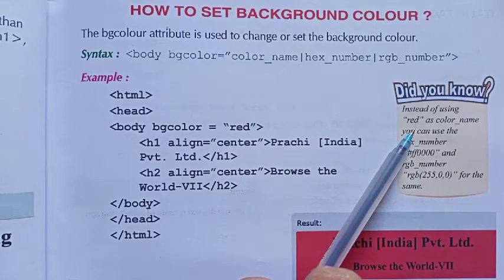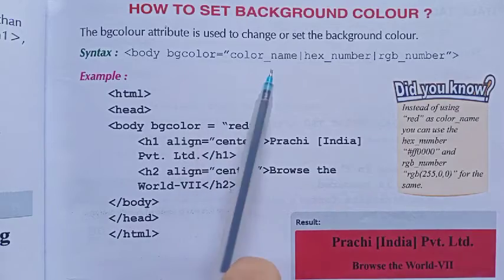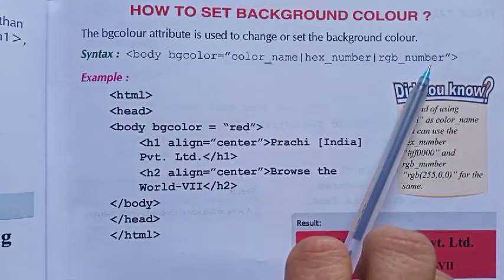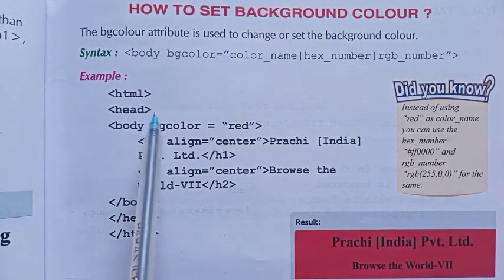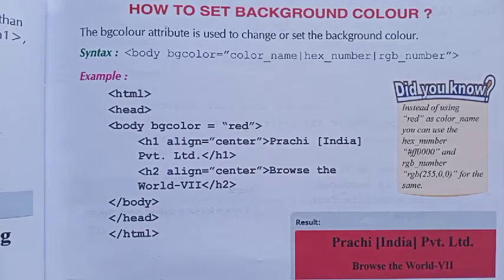If we do not know the hex number or the RGB number, straight away we can write down the color name. How to do that? As usual, HTML, head and then body bgcolor is to be written, and your required color.